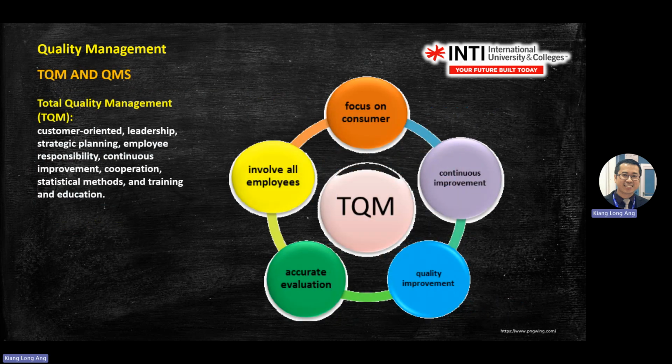So TQM, what is TQM? If you went through industrial training before, TQM is a very old quality tool used in lots of industry. TQM is total quality management, and you see there's a few cycles here. Consumer, continuous improvement.